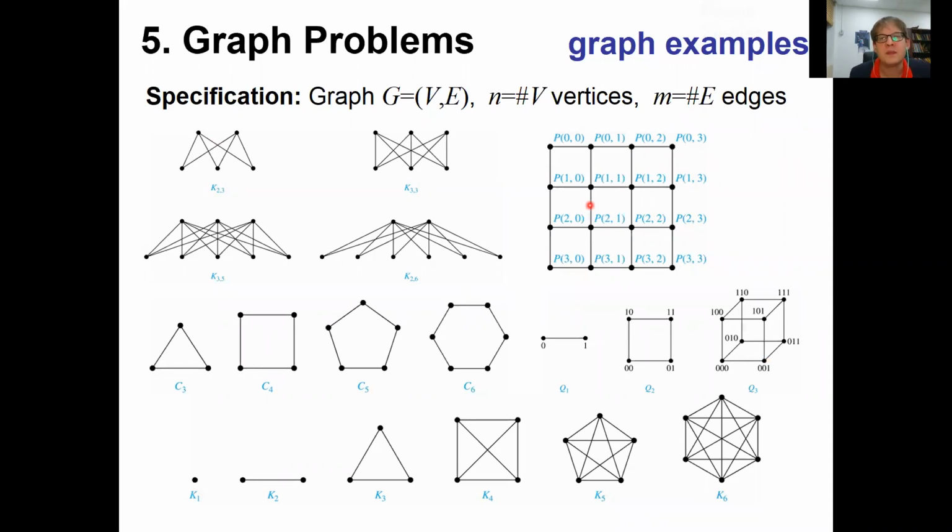Let's now talk about some properties of these graphs. We already talked about connectivity, and you can see that the complete graphs are all connected, right? And so are the cycle graphs, and so are the hypercube graphs. All these graphs are connected. So that's one property easy to check. Also, they are all undirected graphs as drawn here.